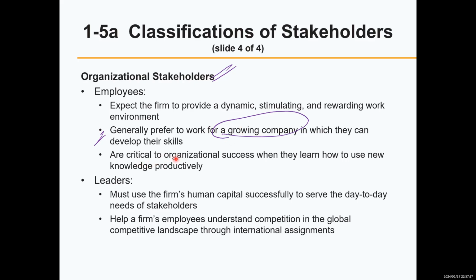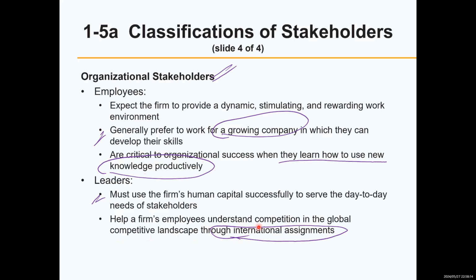Are they critical to the organizational success when they learn how to use new knowledge productively? Whether the organizations are spending enough on employee training and development, right? So here comes the concept of leaders, which helps the employees understand competition in the global competitive landscape through internal assignments, right?